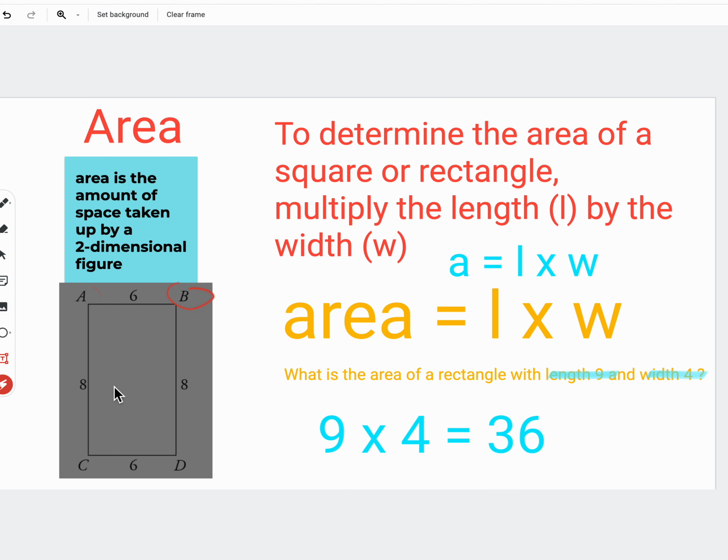A, B, C, D. Here we can multiply length times width. 8 times 6 is 48. Our area is 48.